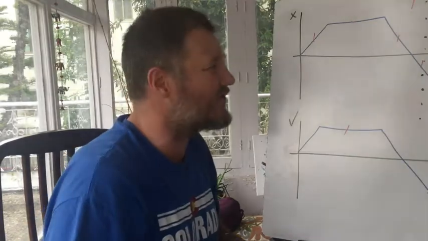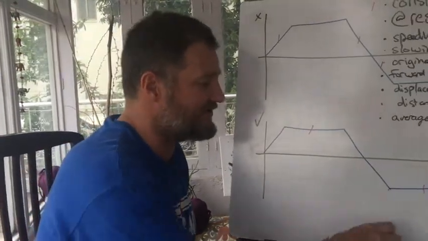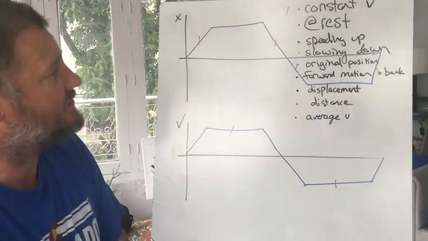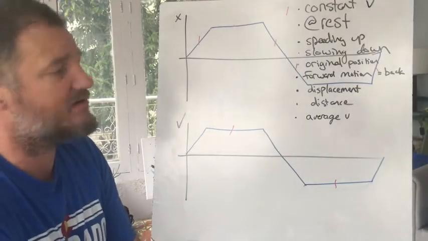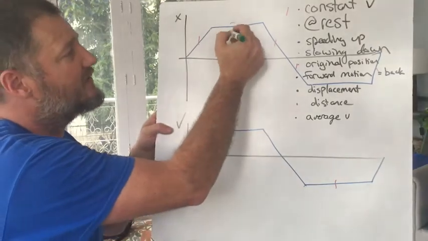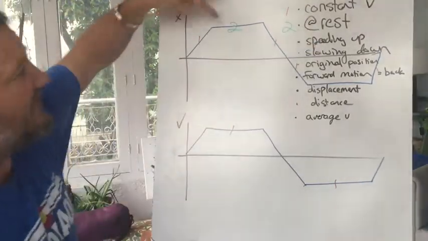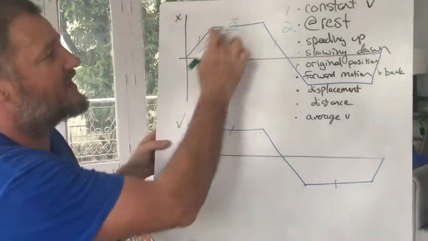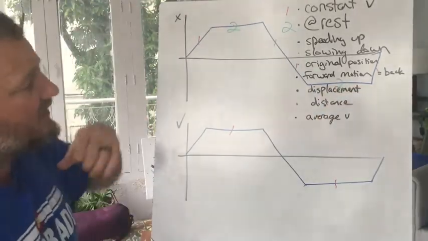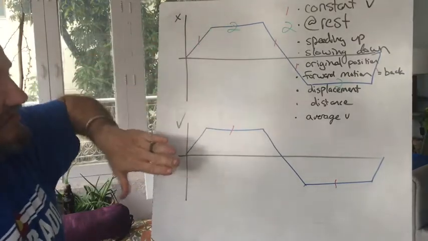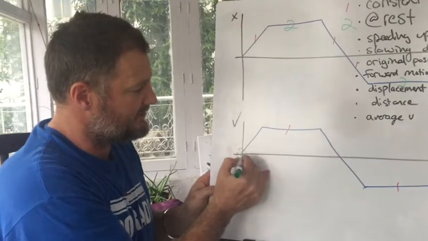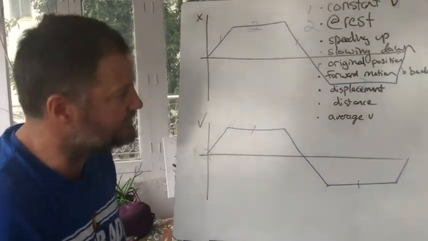Next style question you need to be able to freestyle with is determining when an object is at rest. Objects are at rest when they're not changing position. And so if you look at this position time graph, right there is an object at rest. This object is also at rest right there because it's not changing position. Well, that's very different when you look at a velocity time graph. This object might have been at rest right here where it started because the velocity is 0.